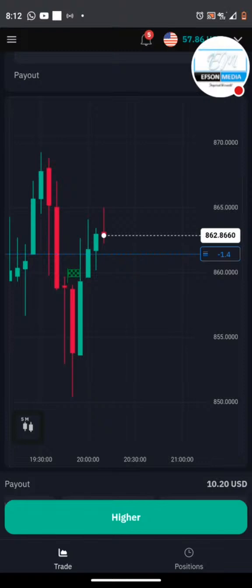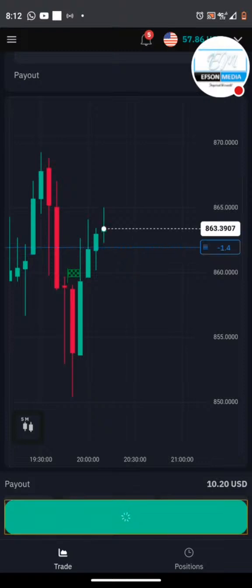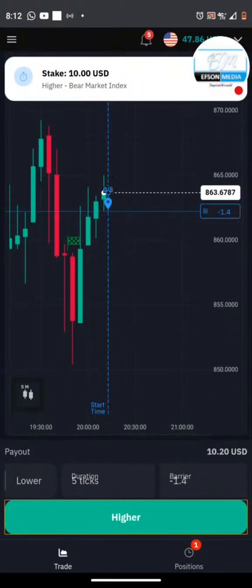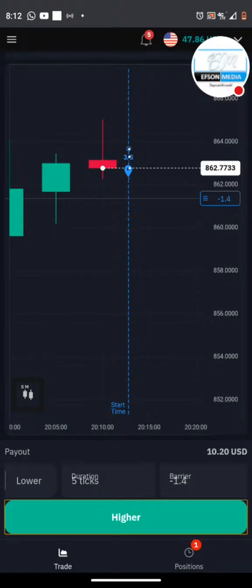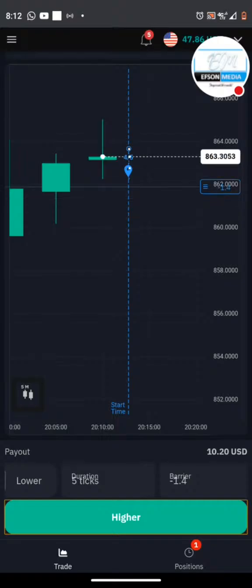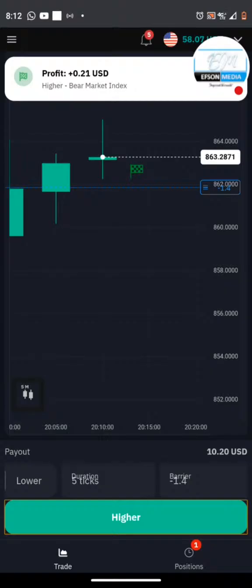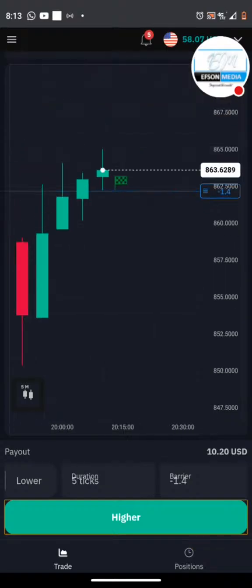So we are going up for 5 ticks. So we're using 5 ticks. So it's $21. All right. So that's how it works.